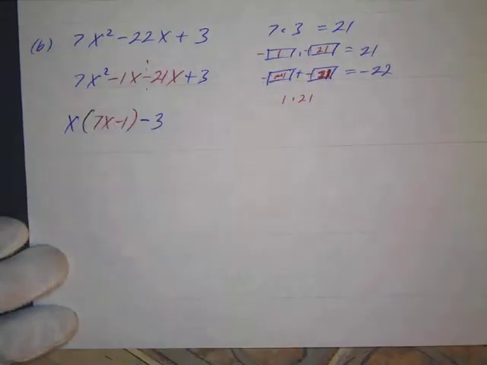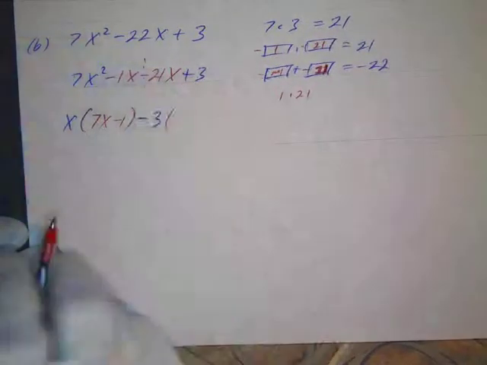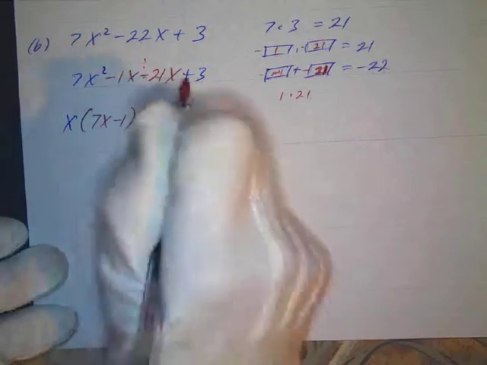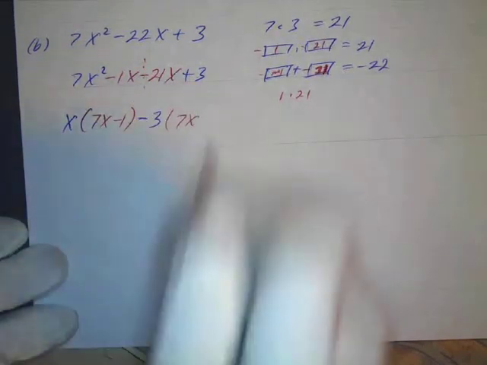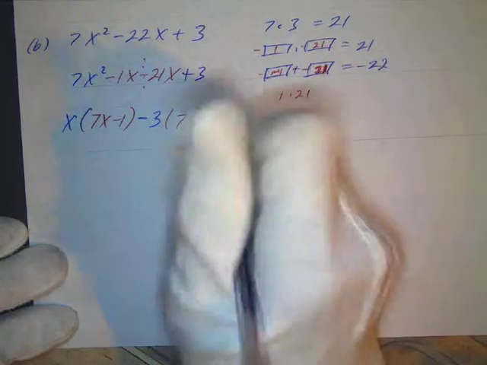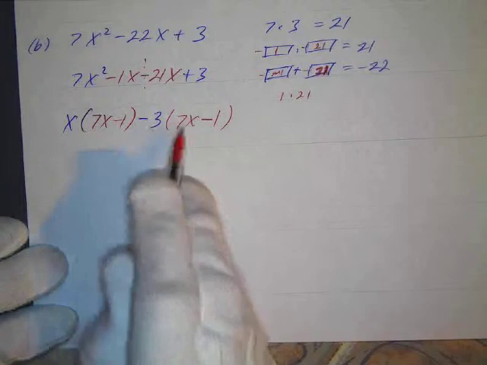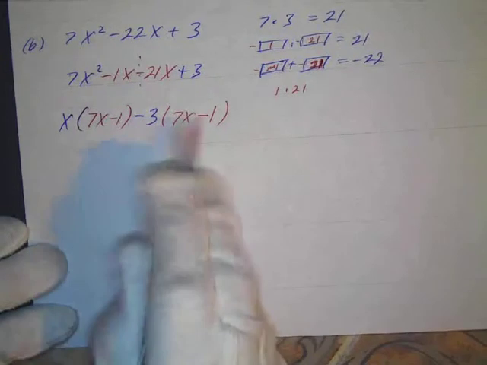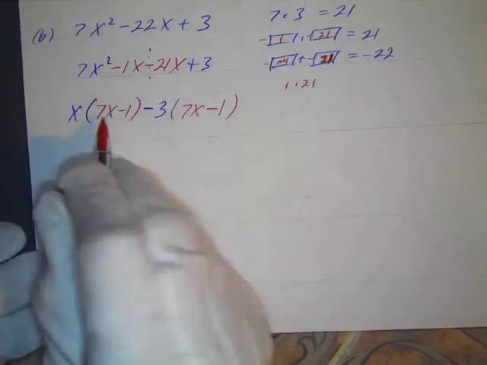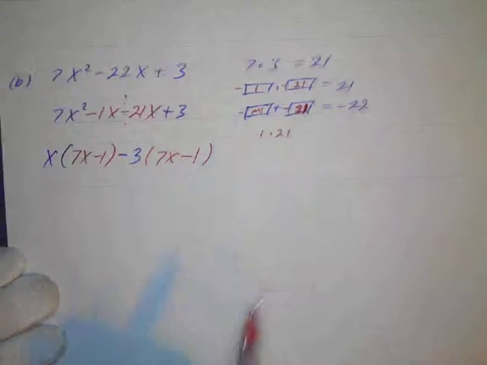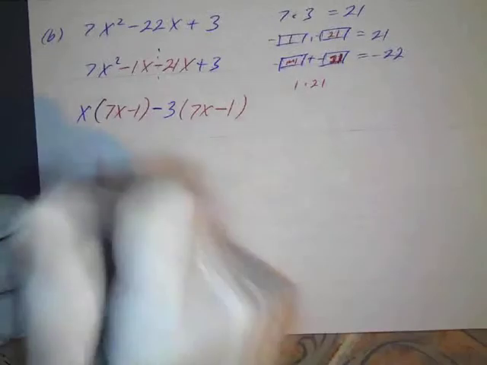And what's left, if I take a negative 3 into 21, it goes 7 times, so 7x. And if I take a negative from a positive, it leaves me with a negative 1. I can always multiply that out. A negative 3 times 7x is negative 21x, and negative 3 times a negative 1 is positive 3. And now you see we have a common binomial factor. We always will. If we find the two numbers that satisfy this criteria, it's always going to work.